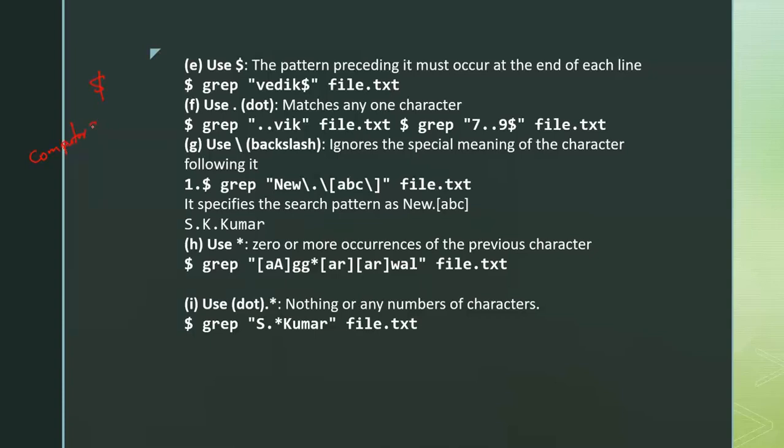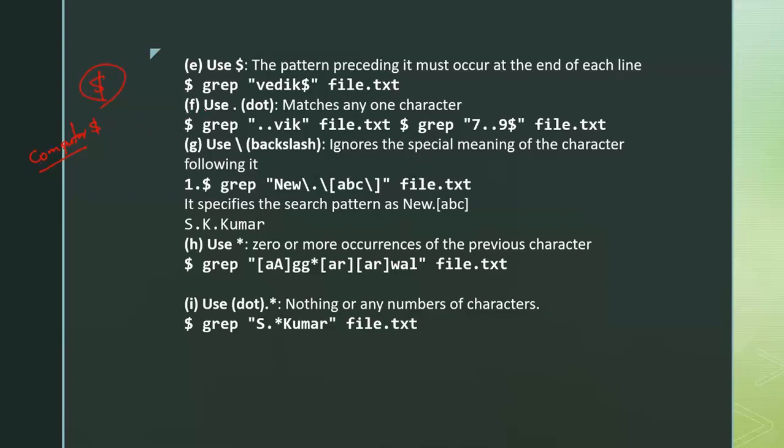After that I can have any number of any characters: computer science, computer course, computer application, or any kind of data after the word computer. If you want to select those types of content, I'll be using the dollar symbol.